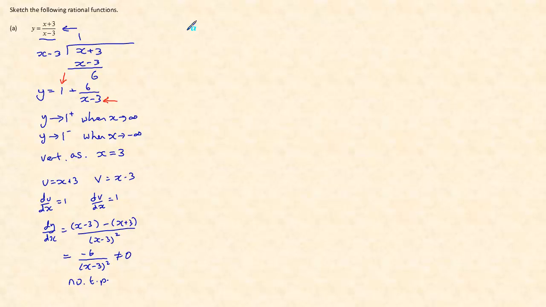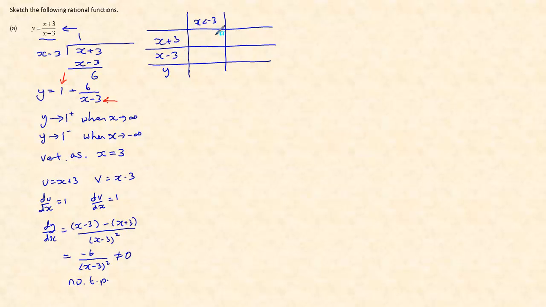We could do a region analysis. So we have two things making up our function. We have x plus 3 and we have x minus 3. And then we can see what happens to y. So this one changes sign at negative 3, so we'll look at x is less than negative 3.